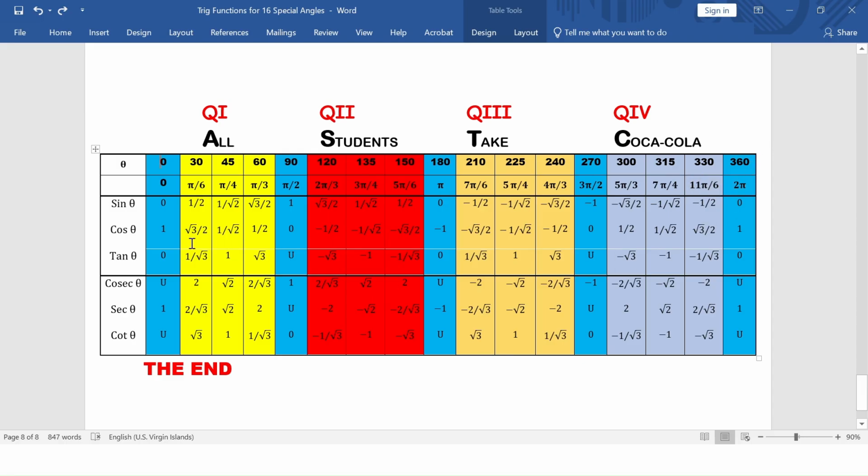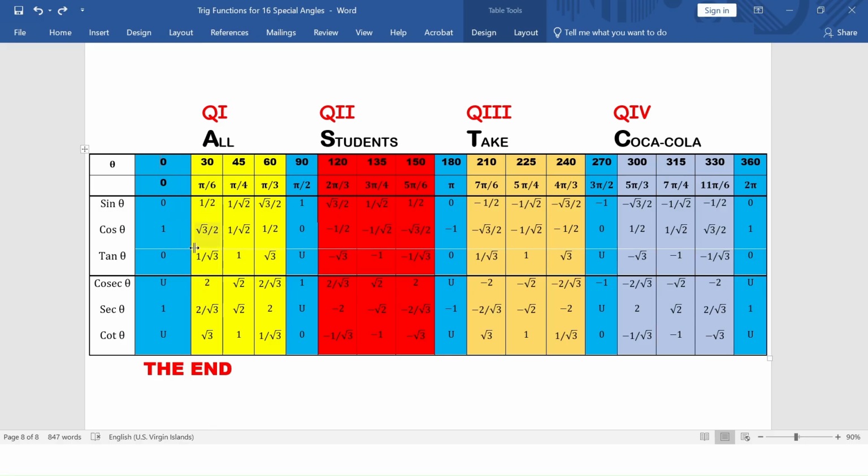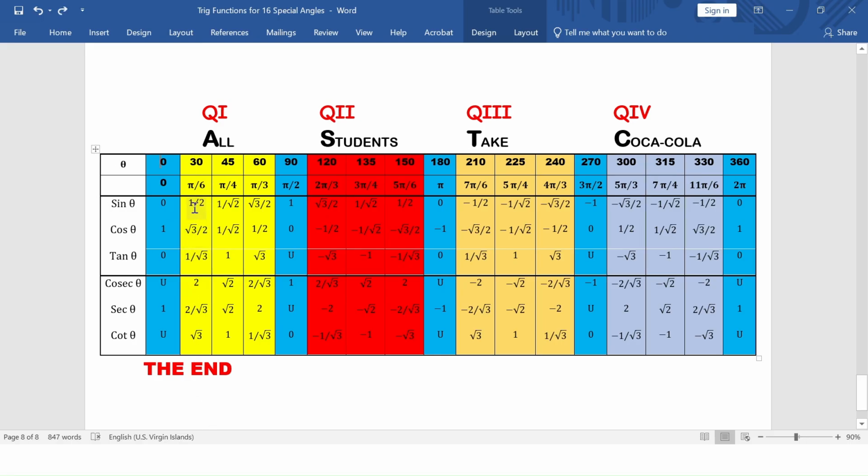So we've explained how we get the values for 30, for 45 and for 60. And then how we relate quadrant 2, quadrant 3 and quadrant 4 to the associated angles in quadrant 1. In quadrant 1 all are positive.